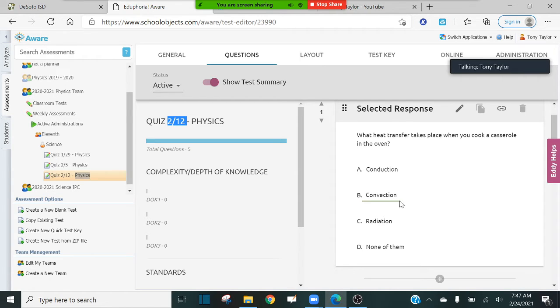Well, it should be obvious here that this is convection, because think about it, guys. If you put a casserole in the oven, the casserole isn't directly touching the flames, so it's not conduction, right?